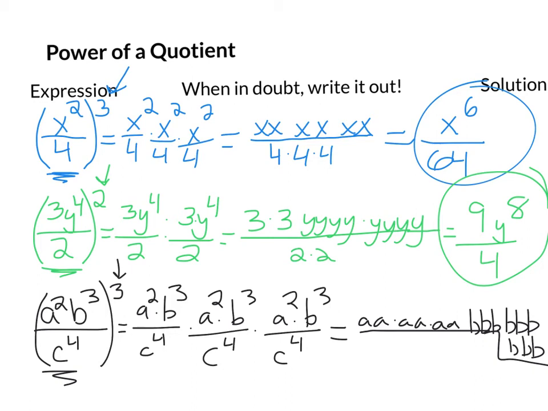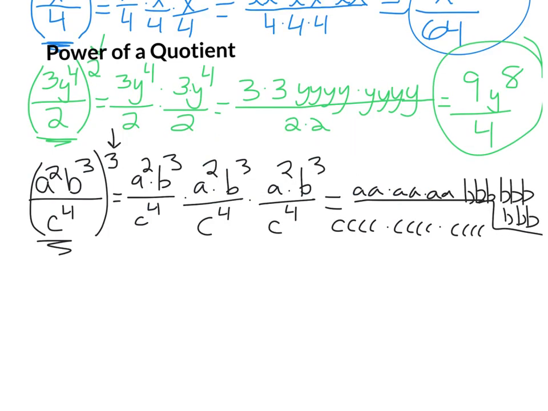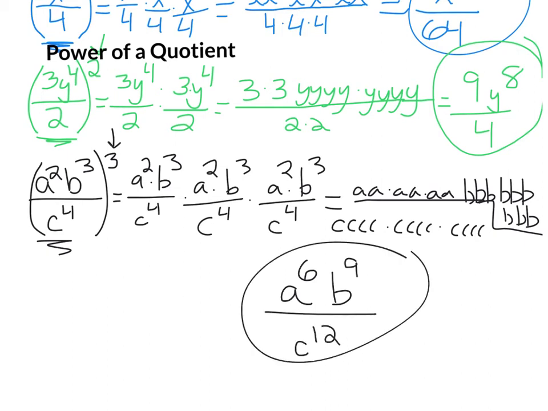And then on the bottom, c to the fourth, times c to the fourth, times c to the fourth, and that's it. All right, so total I have a to the power of 6, I have b to the power of 9, and then I have c to the power of 12.